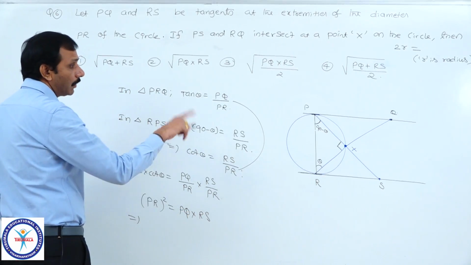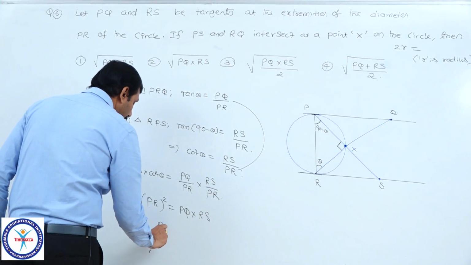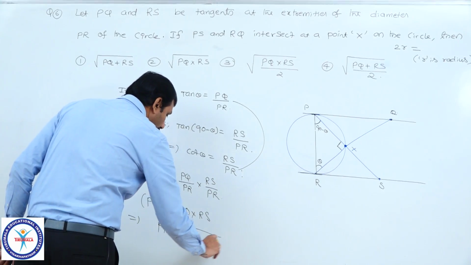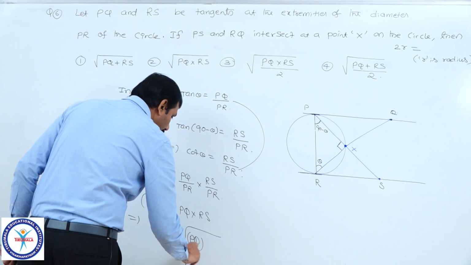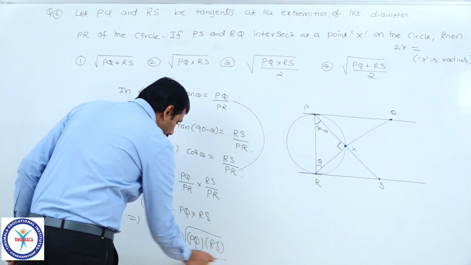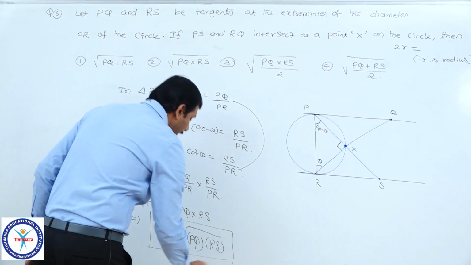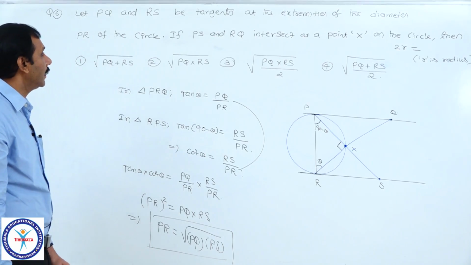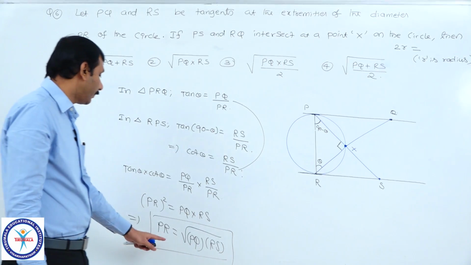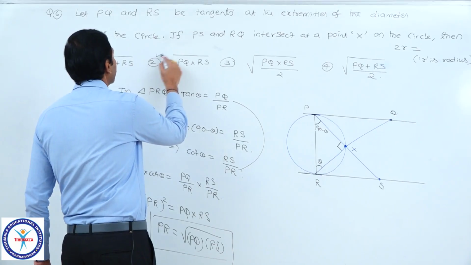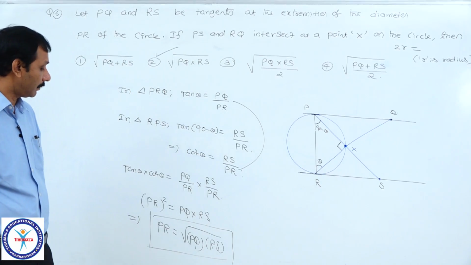We want PR only, which is 2R. Therefore, PR is root of PQ into RS. That PR is nothing but 2R only. Hence, 2R is equal to root of PQ into RS, this is the correct answer for this problem.